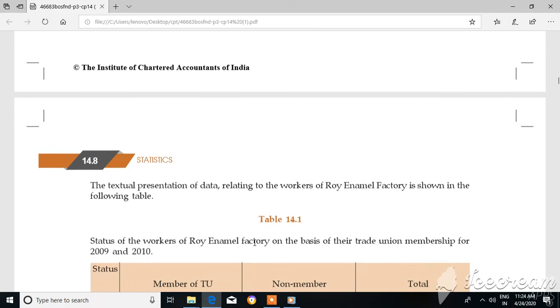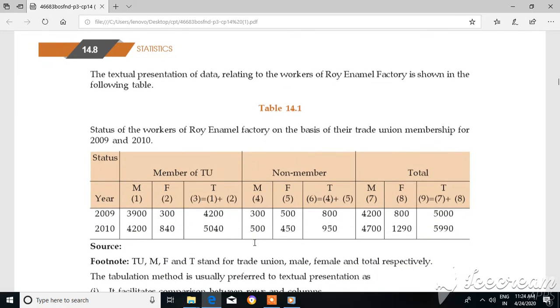Now, here are some examples they have given us. So, this is the first one. What did we understand from this? This is Table 14.1, your heading, here members of TU. In the previous slide we described the textual form of company members.